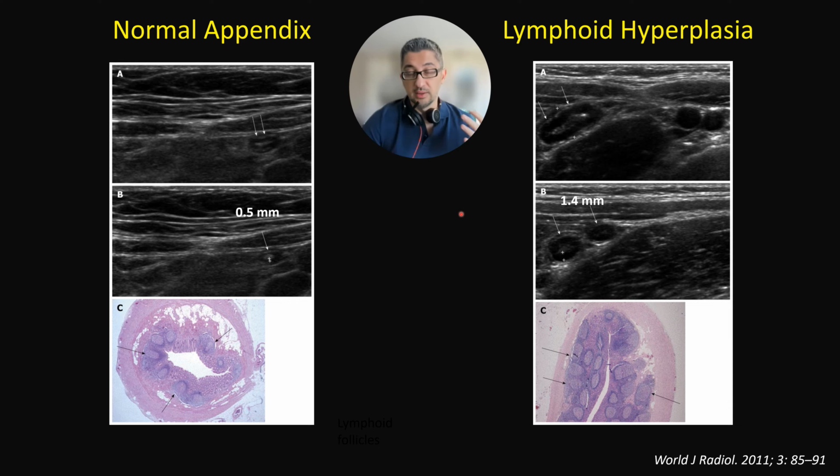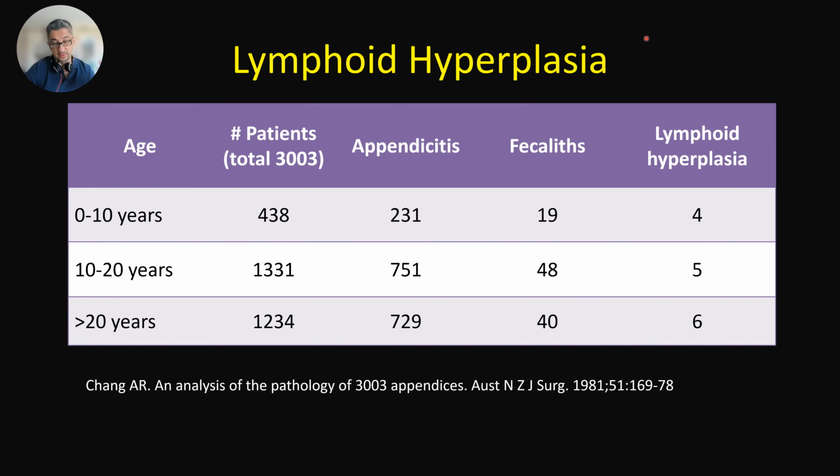However, it may cause obstruction of the appendiceal lumen and can be an etiologic factor of appendicitis. But based on research, it's not that common. The association is not that common.